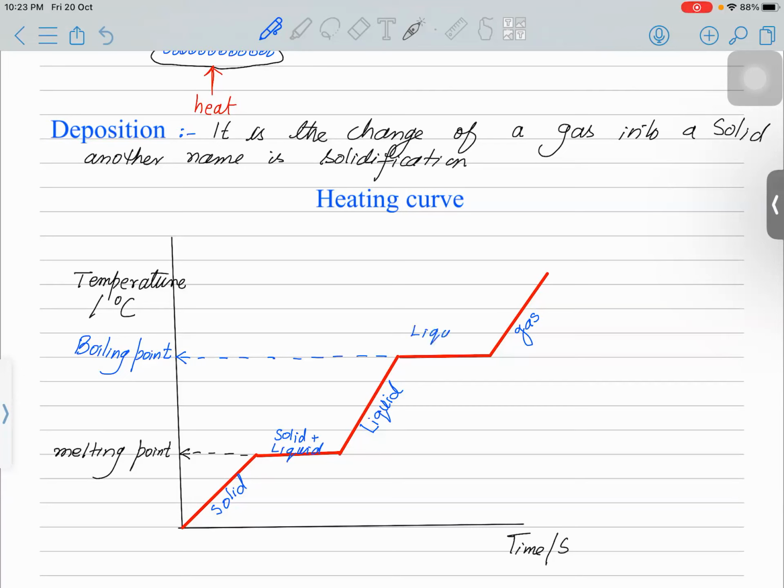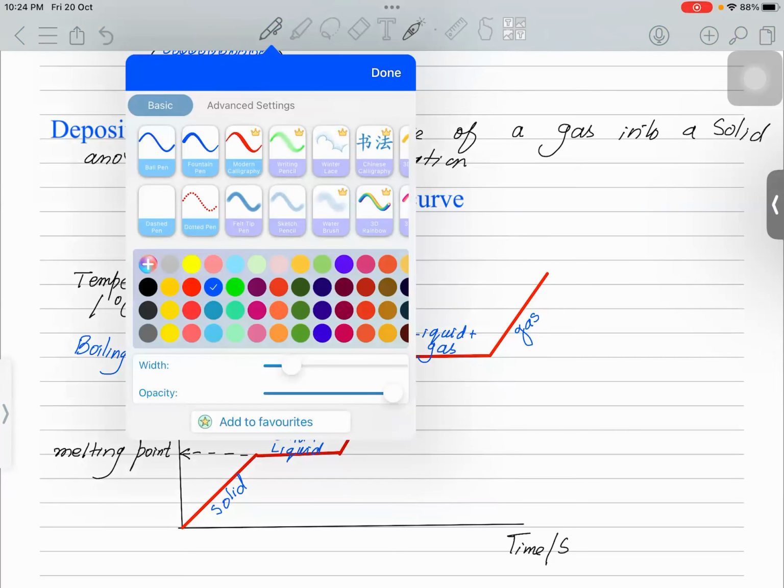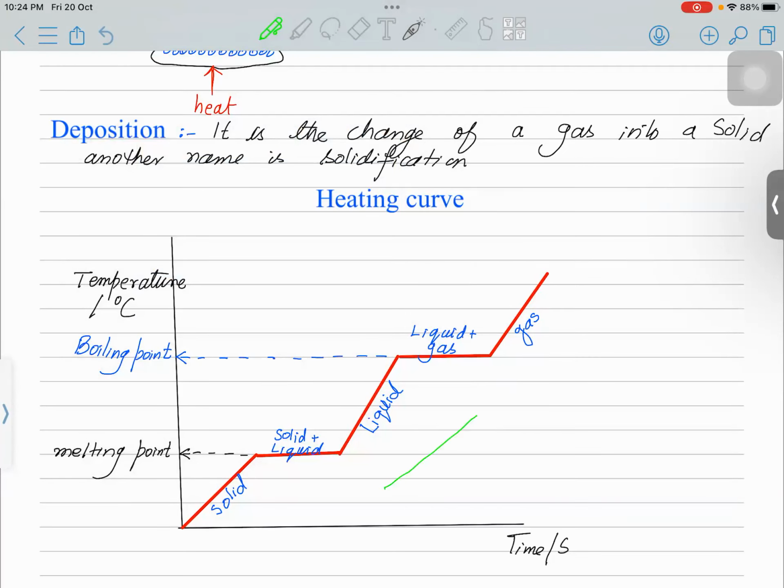Liquid plus gas. This is called the heating curve. When you increase the temperature, that's why it is called heating curve.